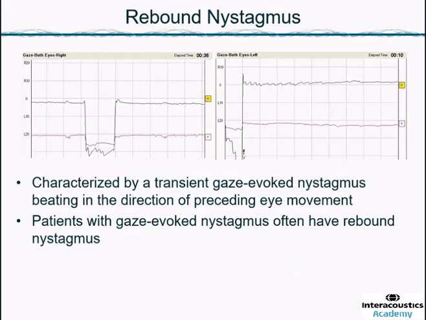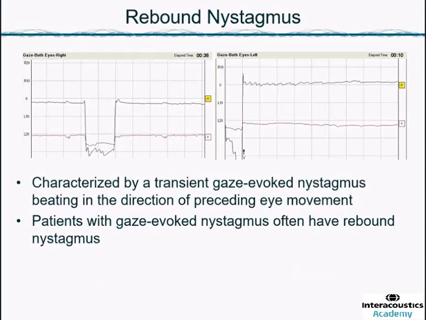If you ask the patient to look to the left for about 20 seconds or so, you'll see the nystagmus that beats toward the direction of the movement, but then it goes away. If you ask the patient to look back to the center, you see now nystagmus that beats again in the direction of the movement.